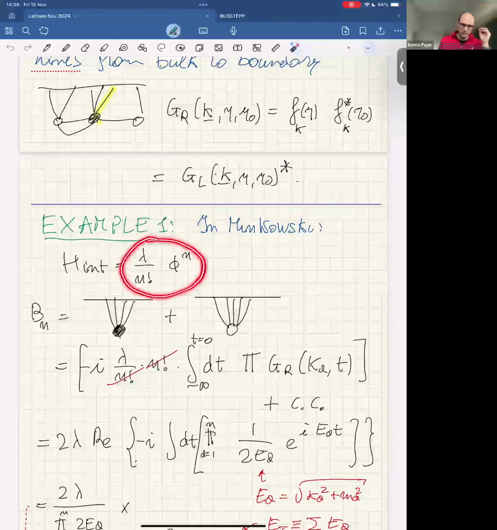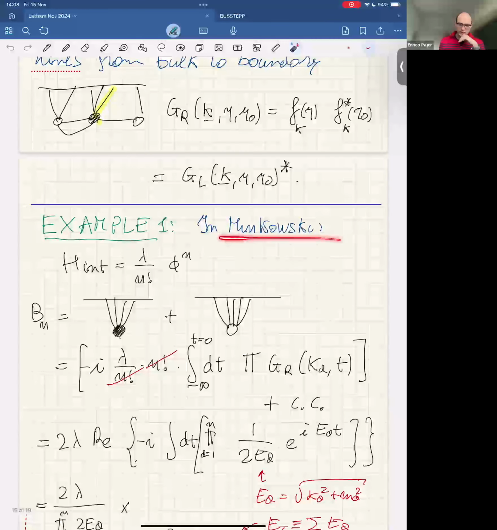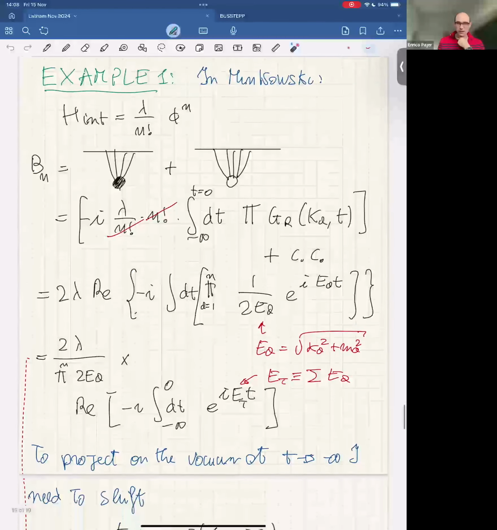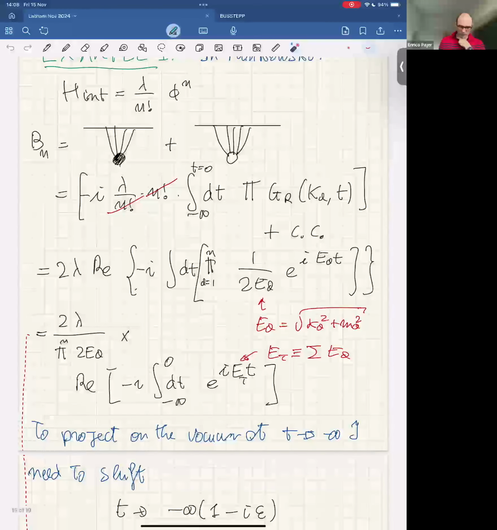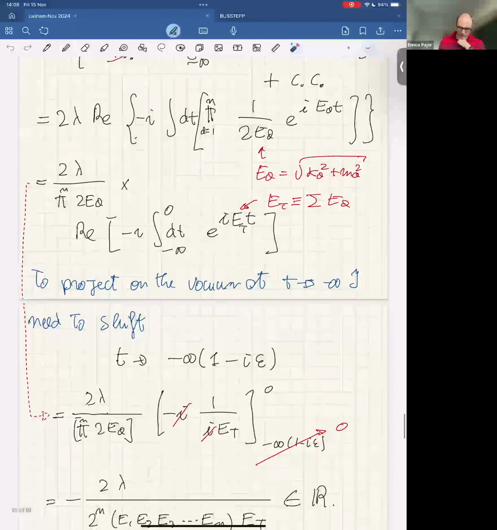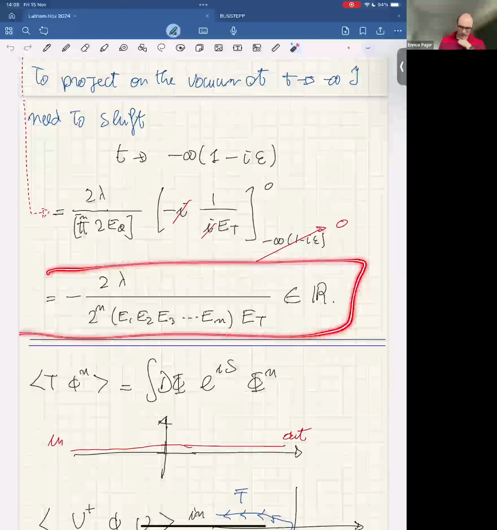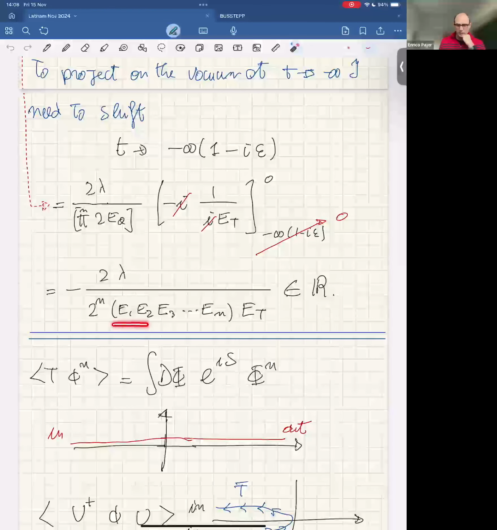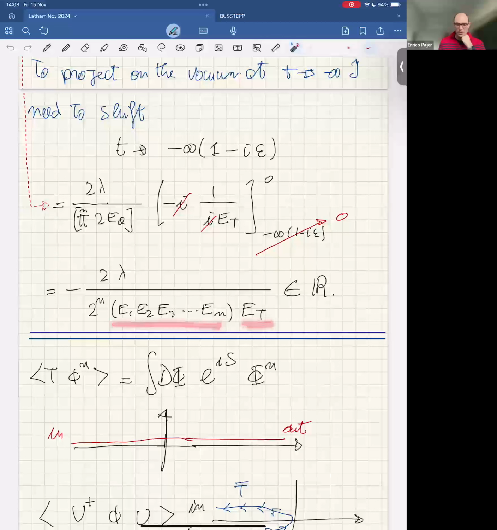As an example, we were working in Minkowski and did the simplest possible interaction, that is phi to the n, and we just blindly applied those rules, and we found the result, which was here. It was the coupling constant, because we computed to linear order in the coupling constant, divided by the product of the energies times the sum of the energies, this thing we call E total.